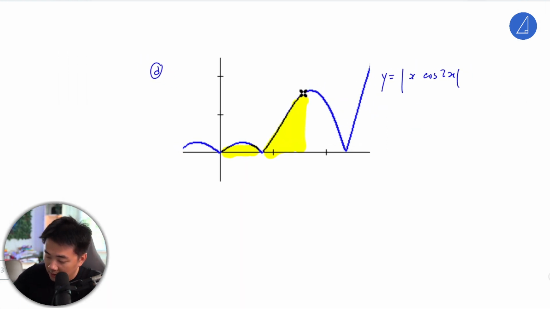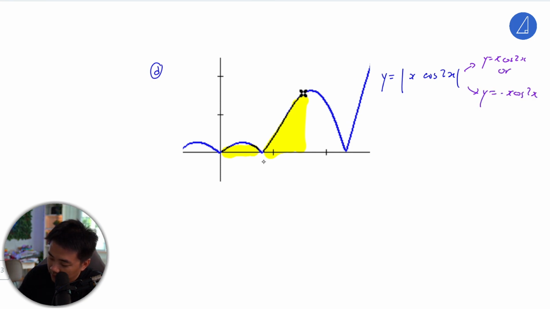So in other words, this function here would have y equals x cosine 2x or y equals -x cosine 2x. The one that's being flipped up, the original curve is this guy. The one that's being flipped up will be the negative function, right?